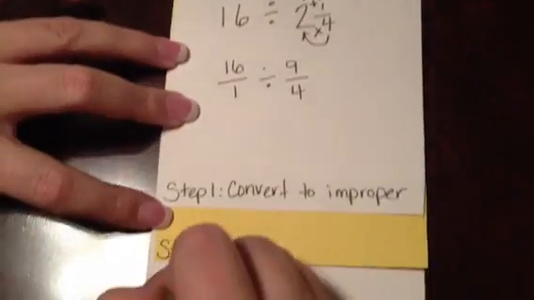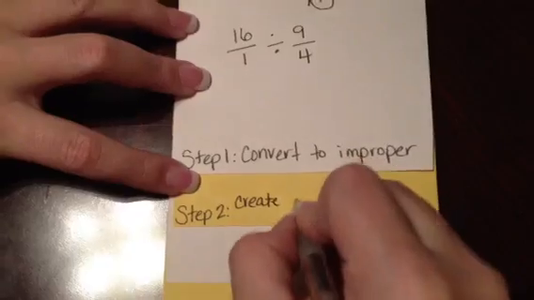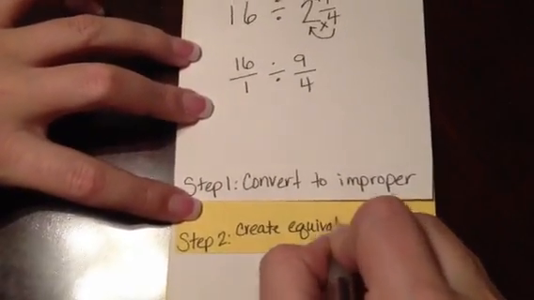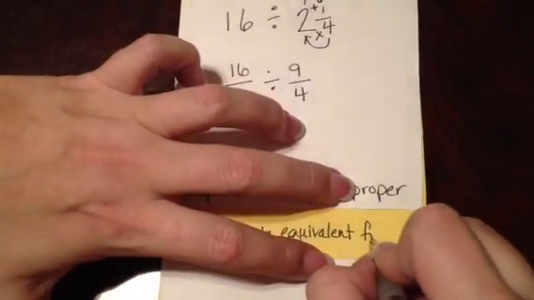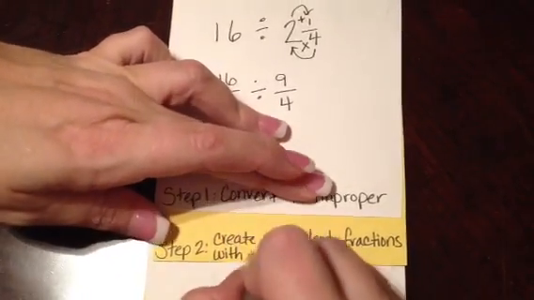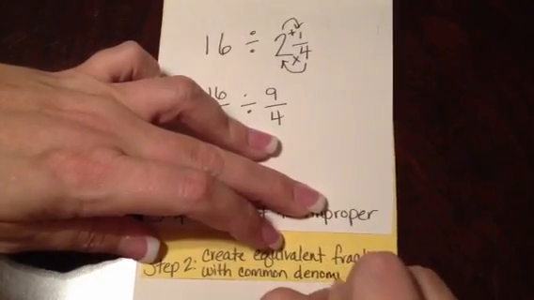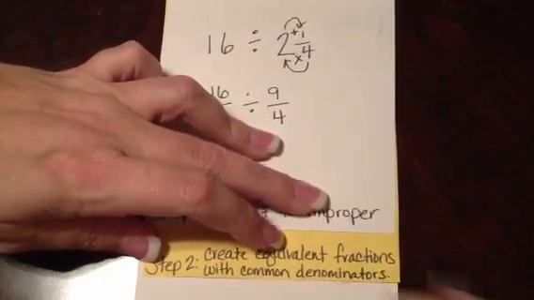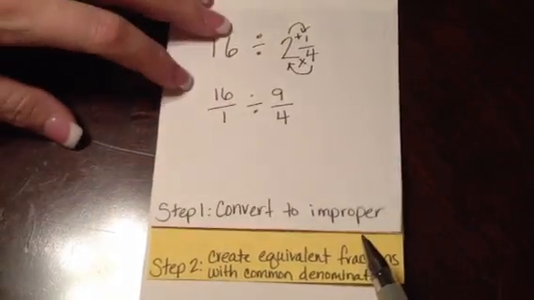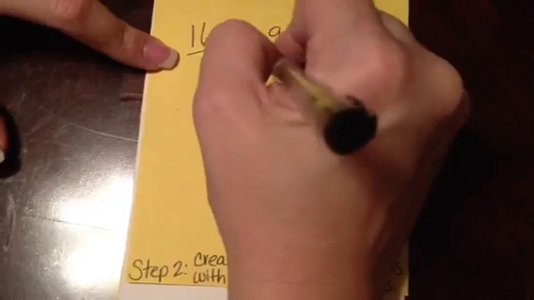So step number 2 is going to be create equivalent fractions with common denominators. Because right now our denominators aren't the same, so let's take our 16 over 1 divided by 9 over 4.